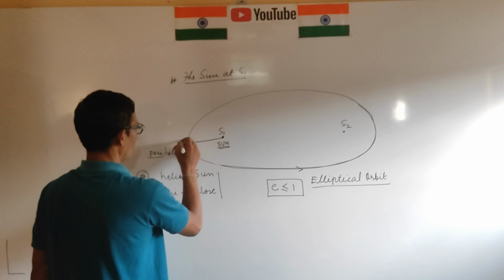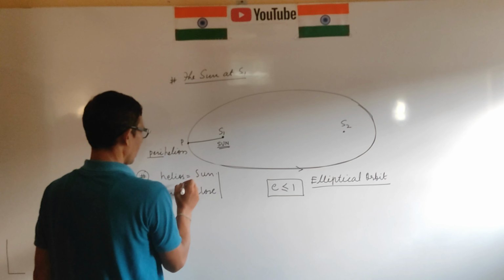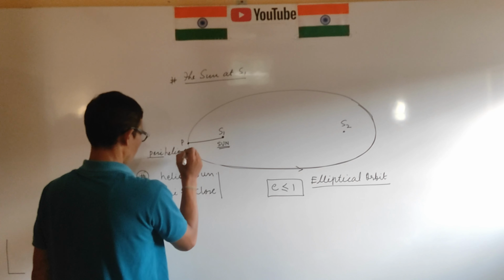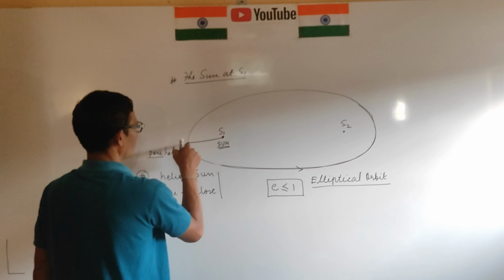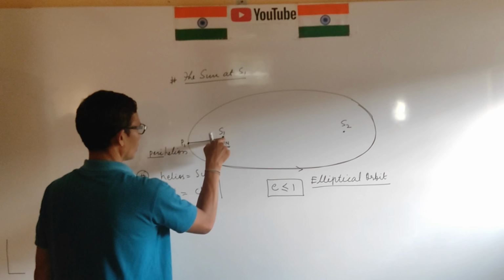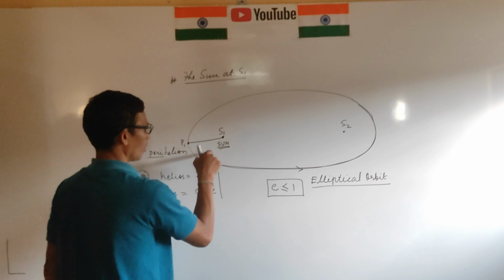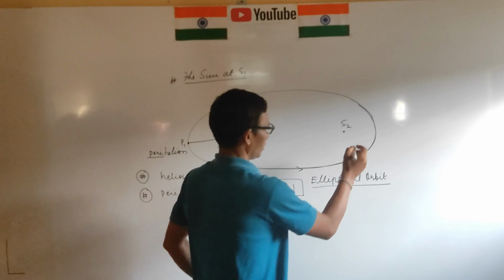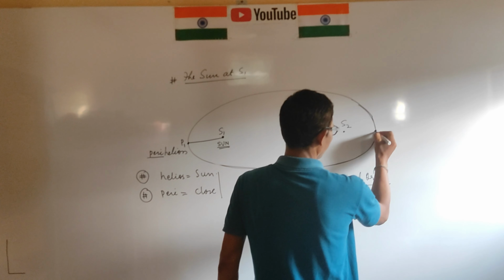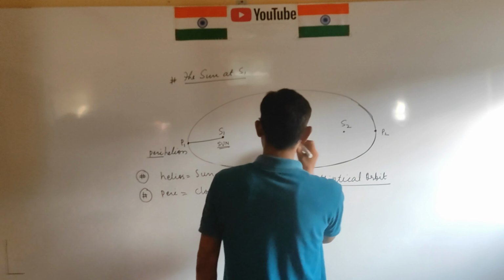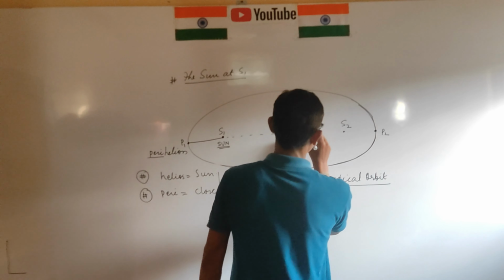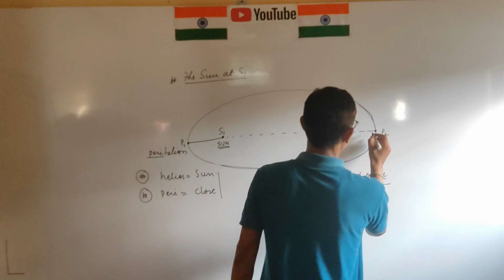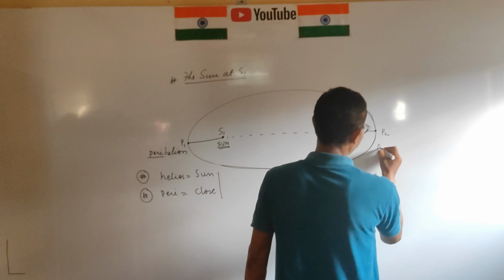Suppose this point is P1, which is closest to the sun. It is called perihelion. And if the point is at the other end, that is P2, and the distance like this is called aphelion.